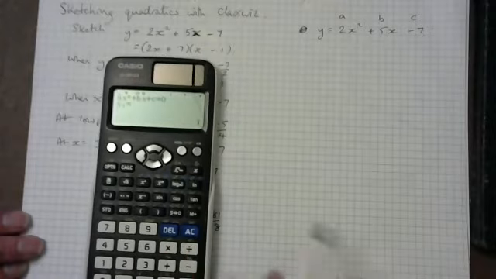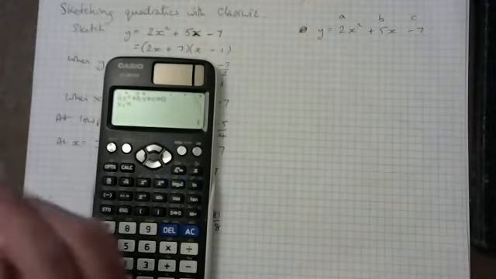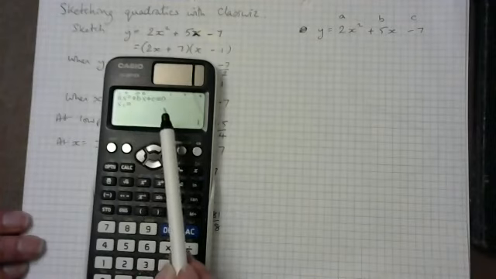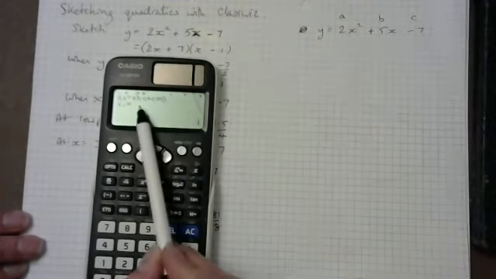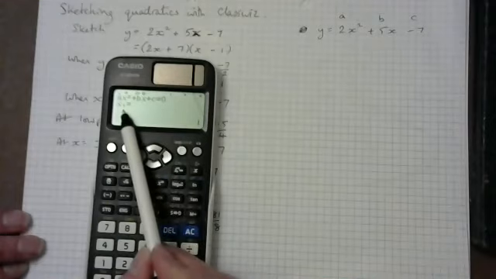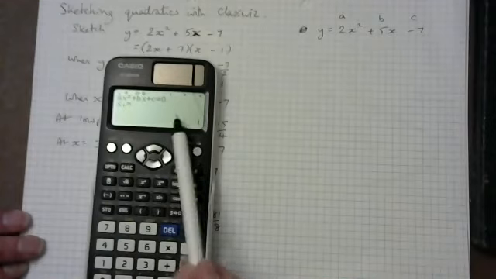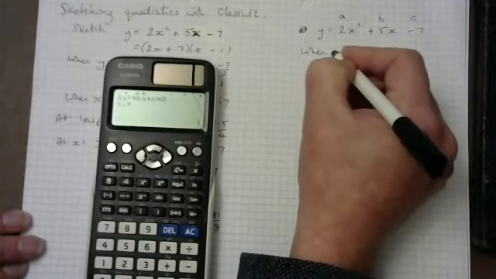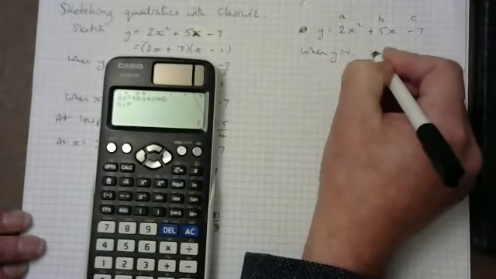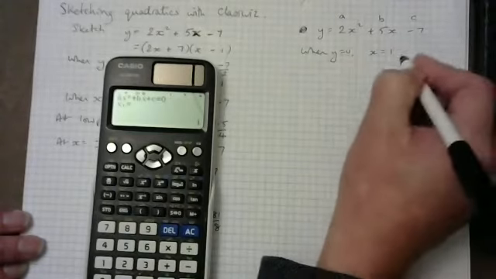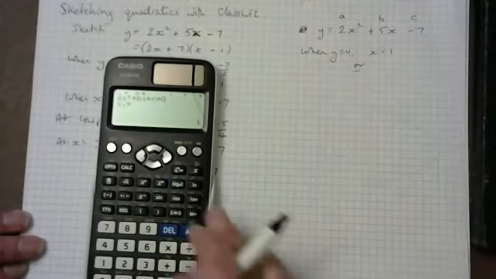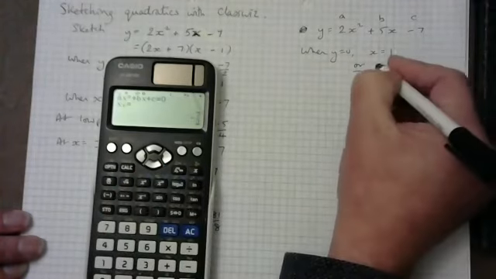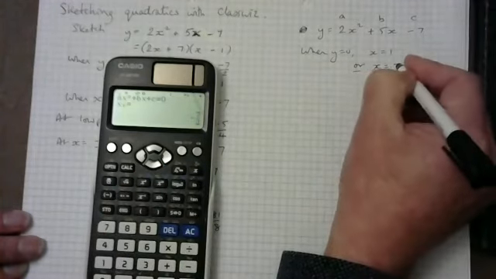Notice it says ax squared plus bx plus c equals 0, one solution of x is x equals 1. So when y equals 0, x equals 1, or if we click down to find the other solutions, x equals minus 7 over 2.